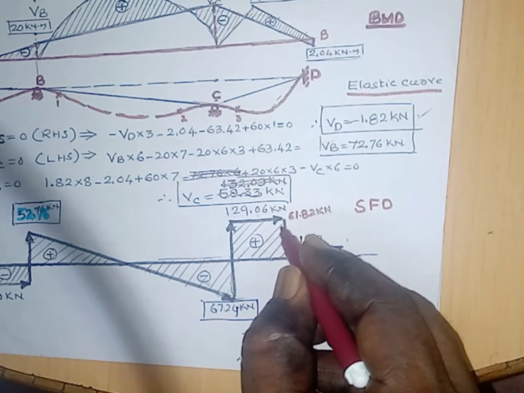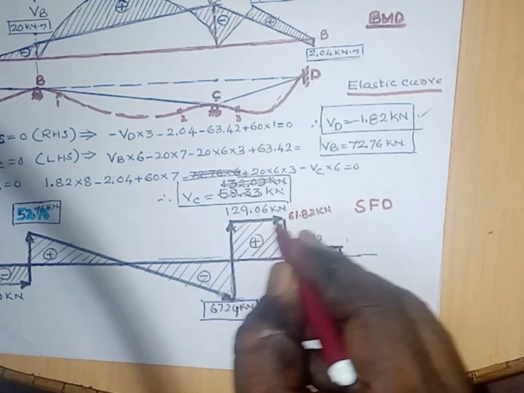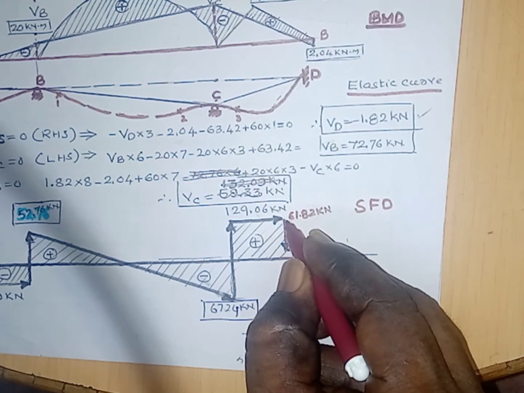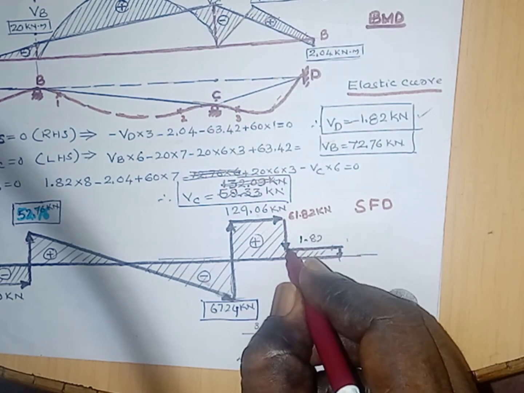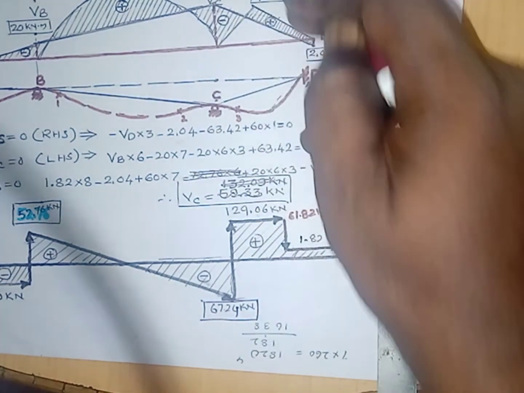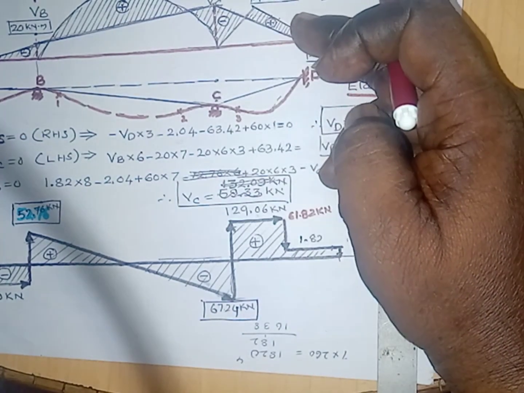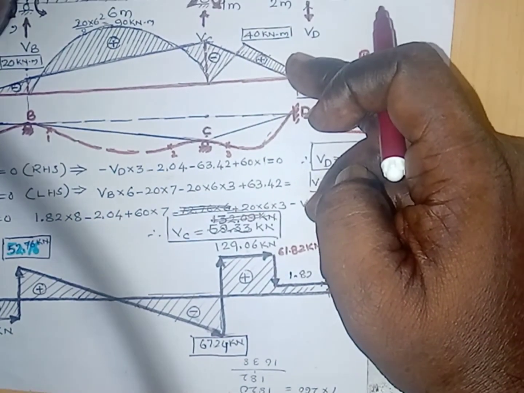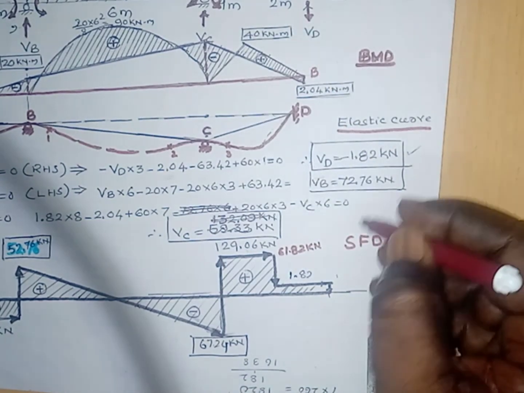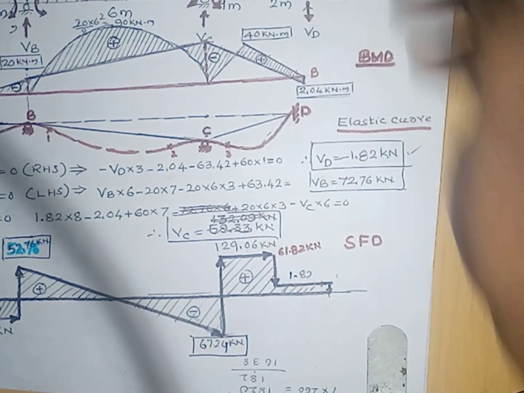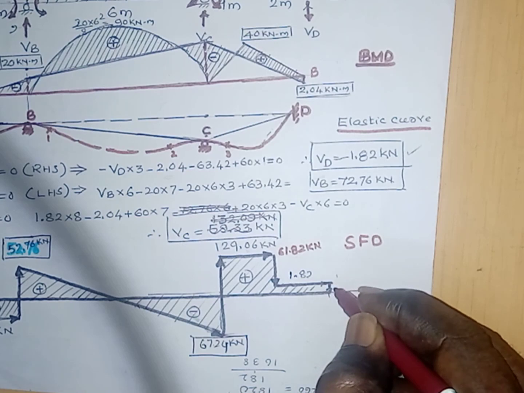This is the shear force from C to the point of application of the load 60 kilonewton. Then because of this load of 60 kilonewton, the shear force changes from 61.82 minus 1.82. Here you will get the shear force ordinate.